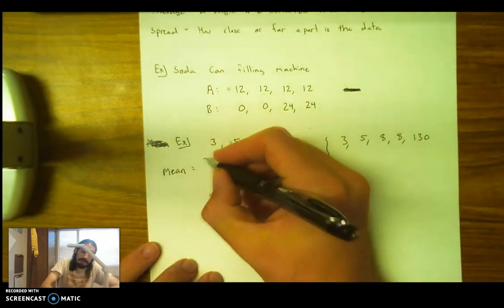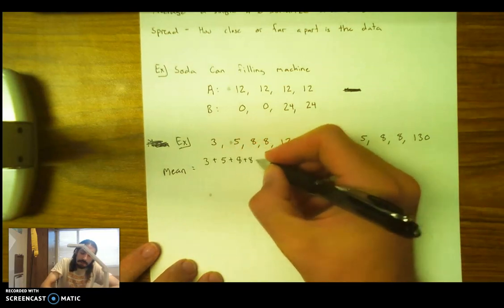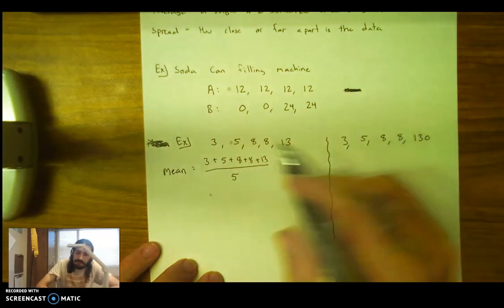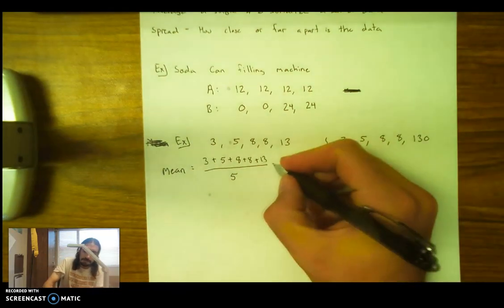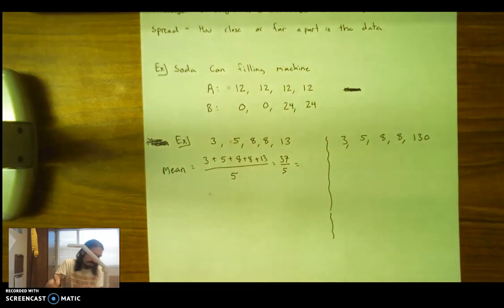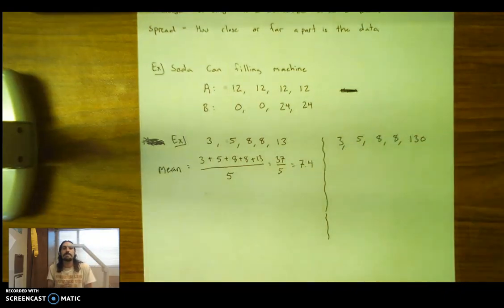So to calculate that mean, I need to do 3 plus 5 plus 8 plus 8 plus 13 over 5, because I have a total of 5 data points. 3 plus 5 plus 8 plus 8 plus 13 is going to be equal to 37 divided by 5, which is 7.4.